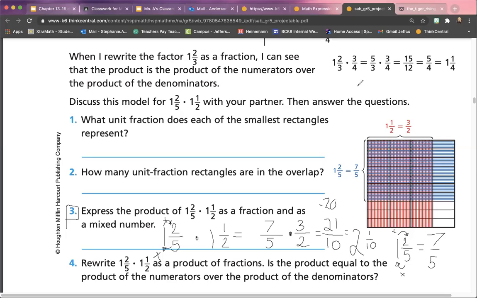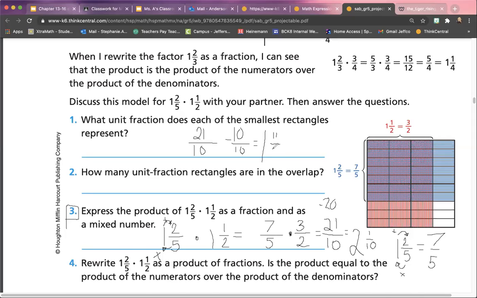Yeah. So if I put it up here, let me give you some extra room. So 21 over 10. This is what our answer was, right? I could take away 1 whole, which would be 10/10. Again, put it in your notebook. 10/10. And then I'm left with 1 and 11/10.